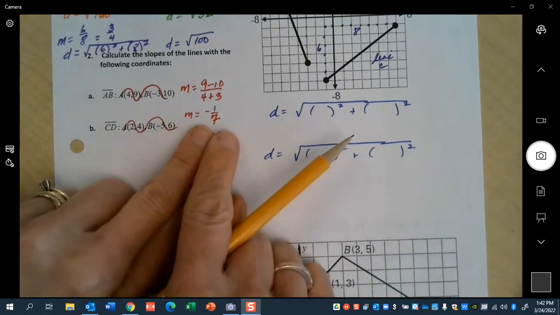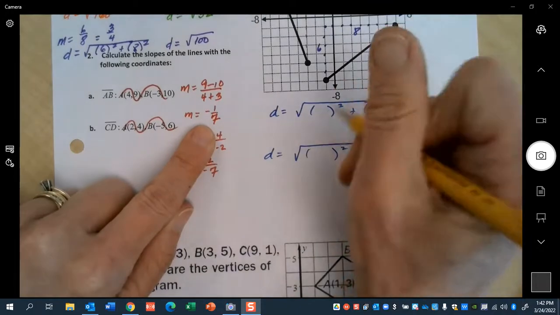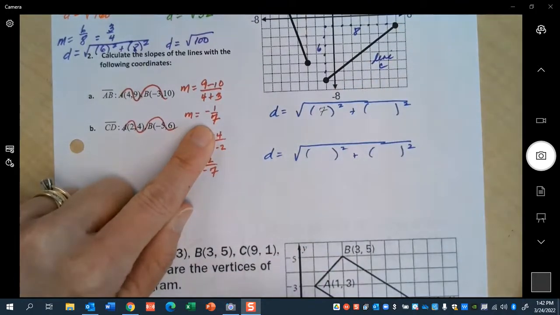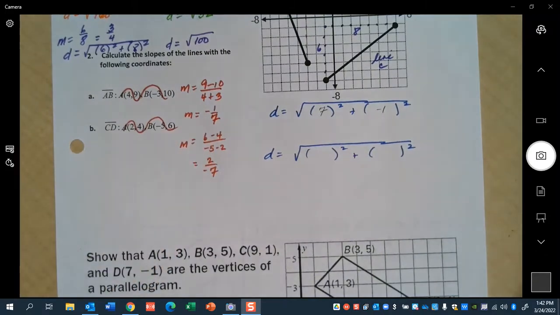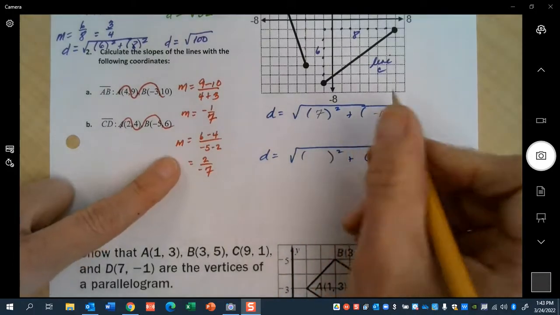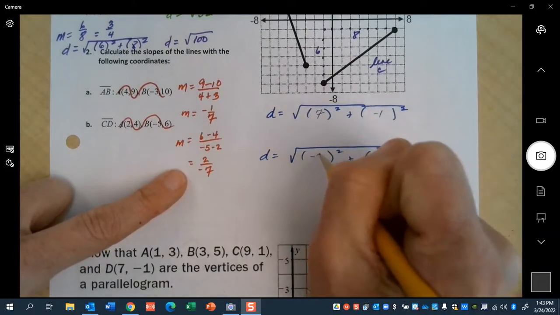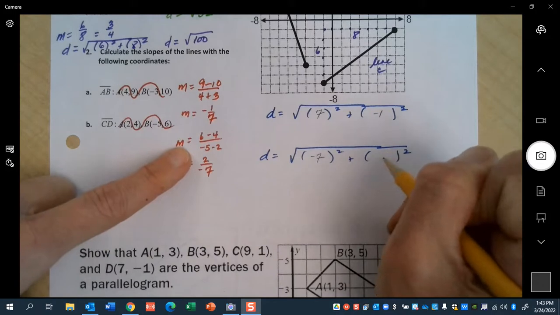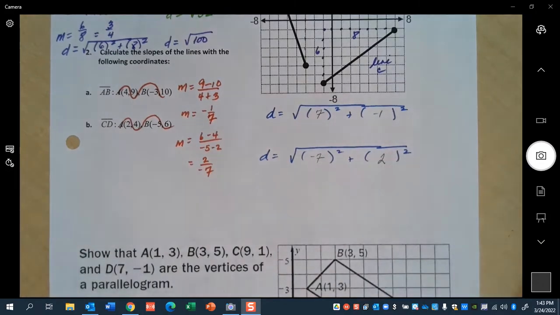So once I know the change in my x's is 7, and once I know the change in my y's is negative 1, those are the same values I plug into my distance formula. Once I know the change in my x's is negative 7, and the change in my y's is 2, plugging those values in, super easy.